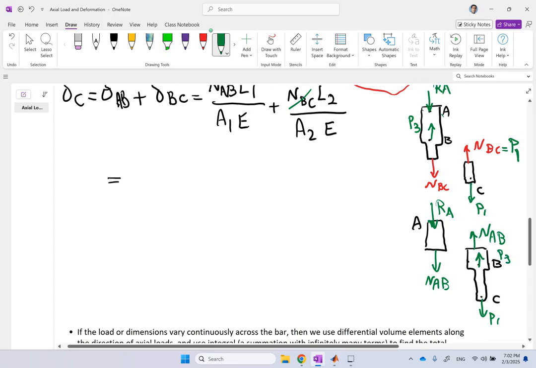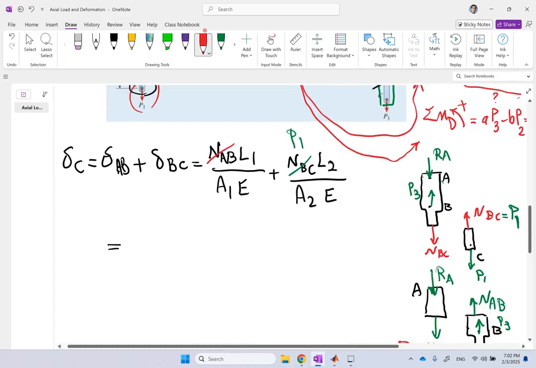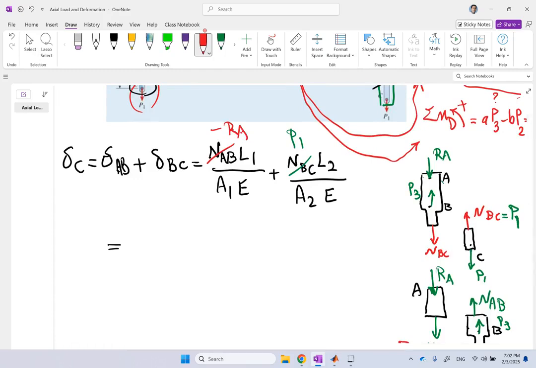So I can use any of them again here, and if I use the left side this time, you clearly can see that NAB is equal to negative RA, again sum Fy equals 0. So this one is negative RA. That's all it is. So then go ahead and plug in the numbers.